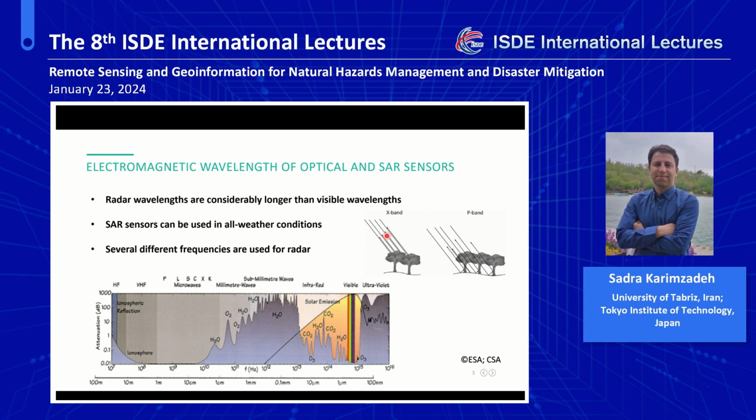For example, the ALOS-2 satellite uses L-band with about 24 centimeters because JAXA and Japanese organizations know that Japan is a green country with dense vegetation and forests, so they need more penetration in order to acquire useful information.